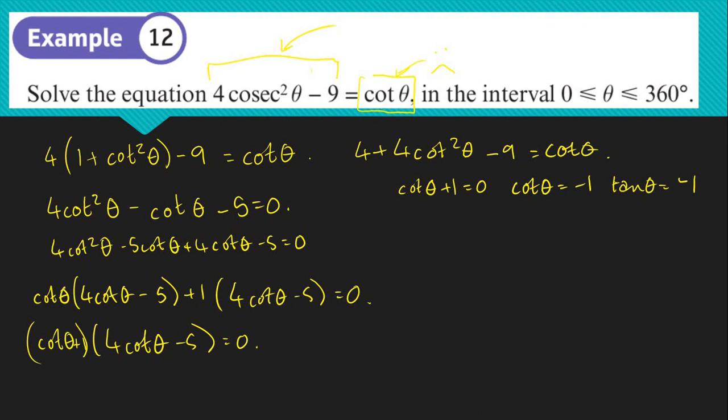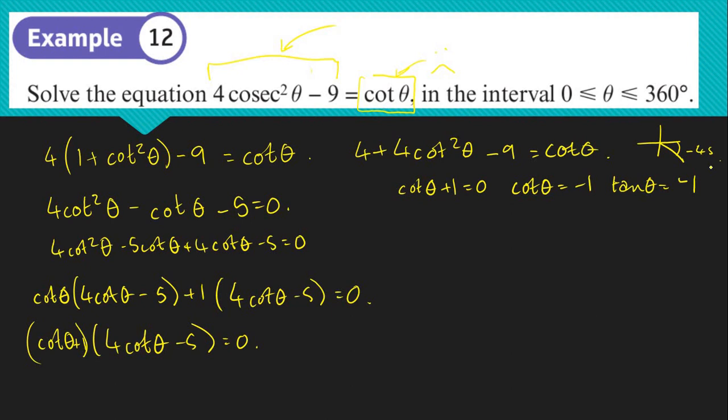Now, tan of theta equal to negative 1, you've got tan to the negative 1 of negative 1. That happens at negative 45, so negative 45 is one of them. I've just used a calculator to find that out.